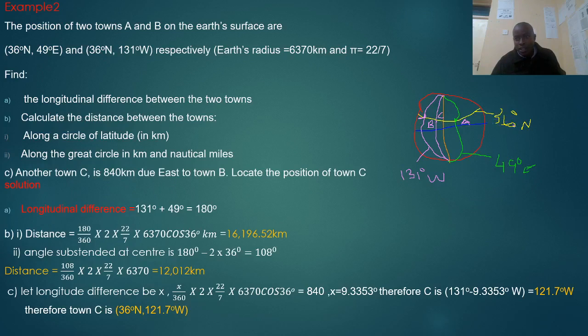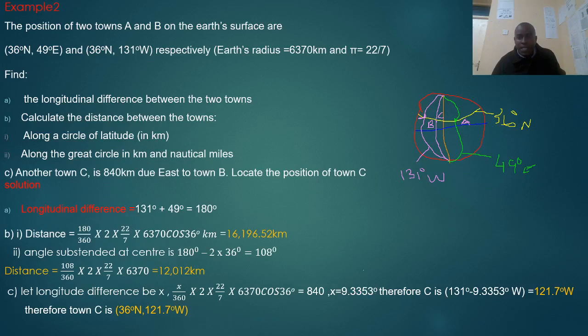So we let the longitude difference be x. Then x all over 360 times 2 times 22 over 7 times 6370 times the cos of 36 will give you the distance between the two, which is 840 kilometers. So we substitute and find the value of x. If we calculate, the value of x will be 9.3353.